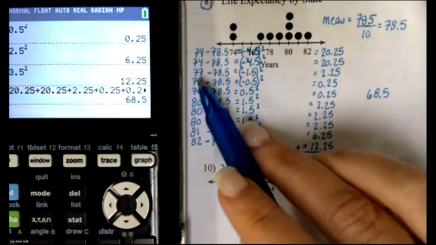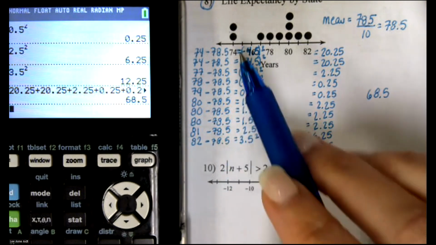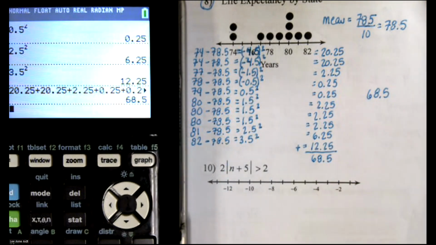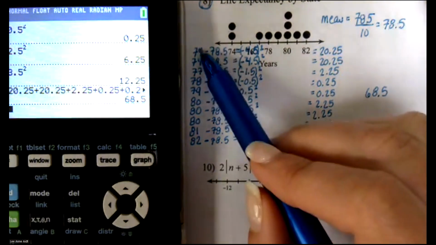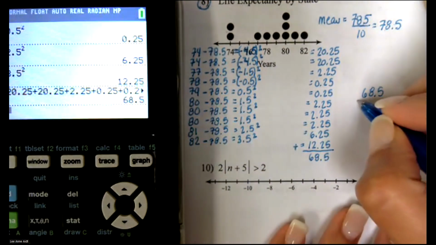Okay, so let's review. I wrote the numbers in a column. I subtracted the mean. I squared them all. I added them all up. And now I divide by how many there are minus 1. How many are there?